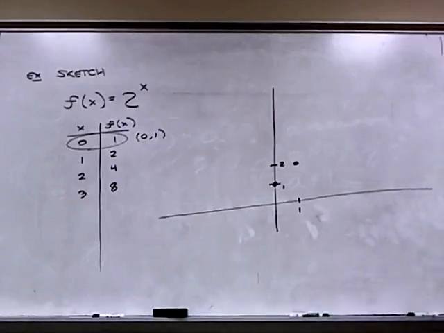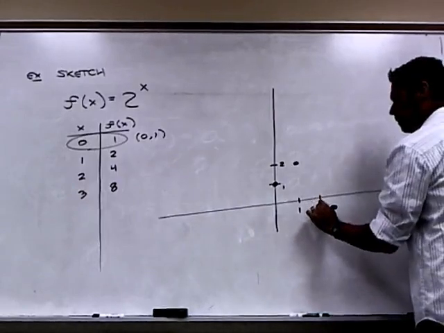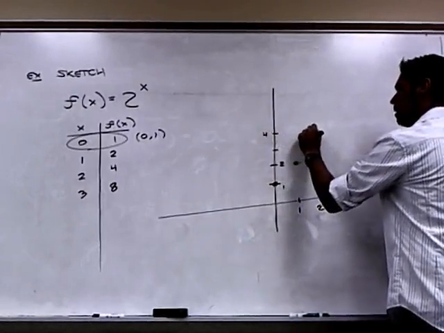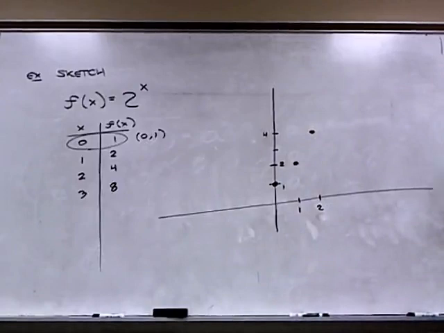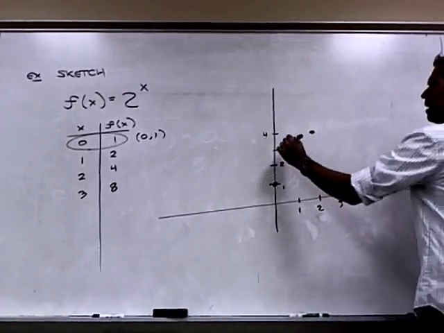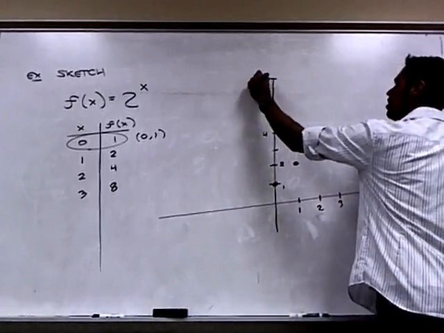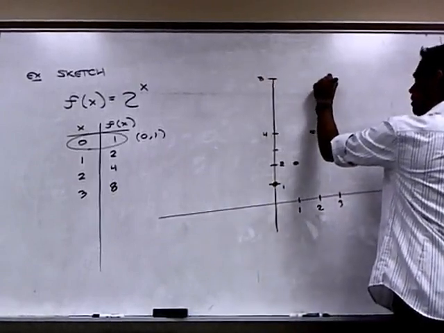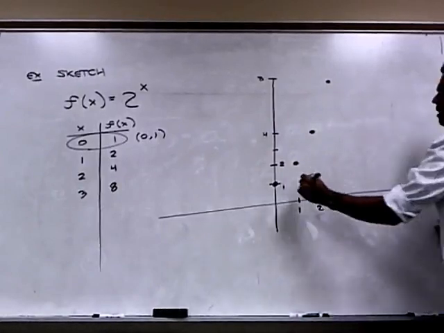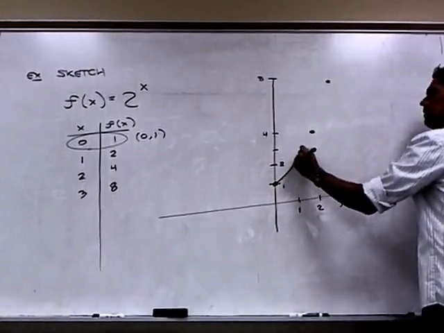Next one, right 2, up 4. And then the next one is the one that starts to take off, right? 3 goes to where? 8. So I'm going to go off my page here. And I'm not going to do 4 because we're at 16. That'll be up there.